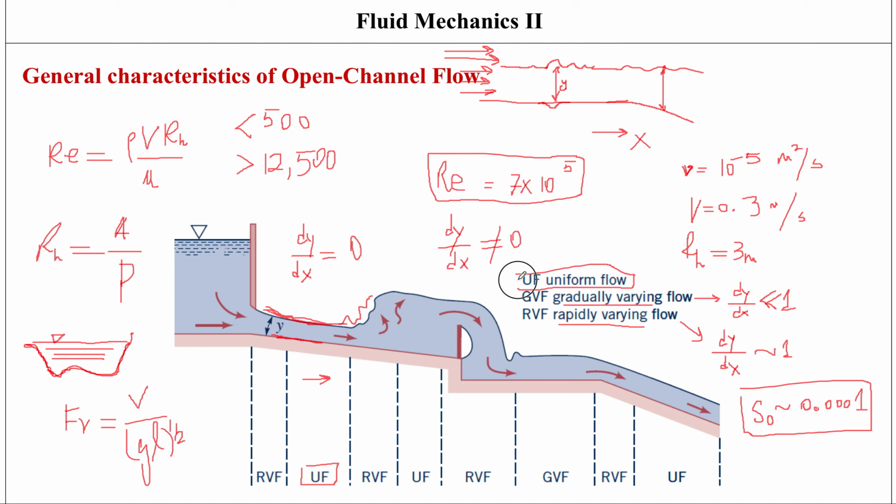So for the uniform flow, what we have seen is that you've got S naught, the slope of the bottom, that is important. You've got the size and the shape of the channel cross section that is important, so you've got the area, and the hydraulic radius in terms of the wetted perimeter. Other than that, you also need to know what kind of material your channel is made of.